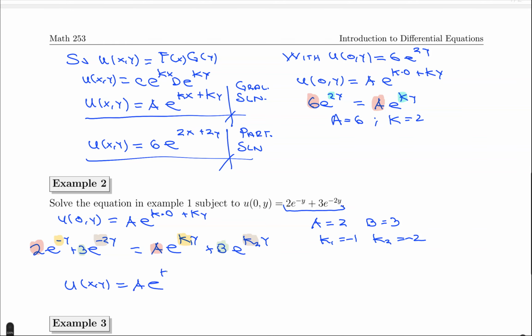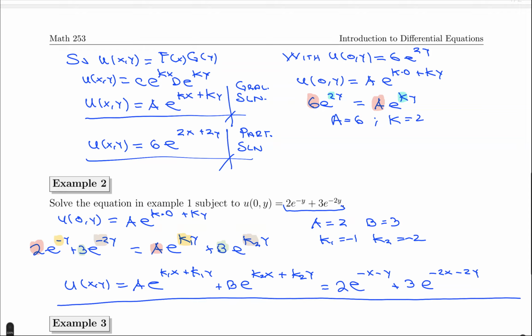A e^(k1 x + k1 y) plus B e^(k2 x + k2 y), which is, in this case, just substitute: A equals 2, e to the k1, which is negative, (x minus y), plus B, which is 3, e to the negative 2x minus 2y. Final answer. All right?